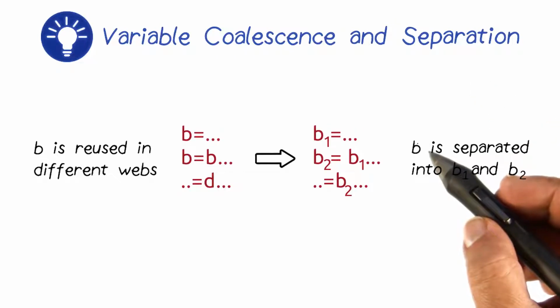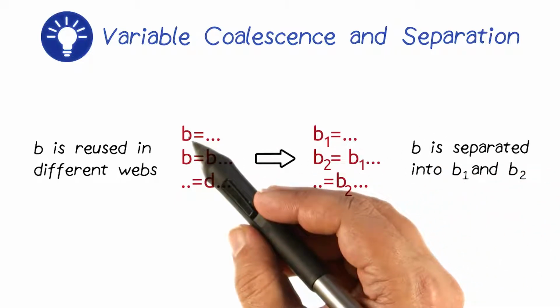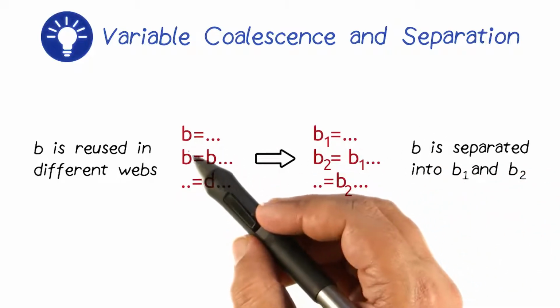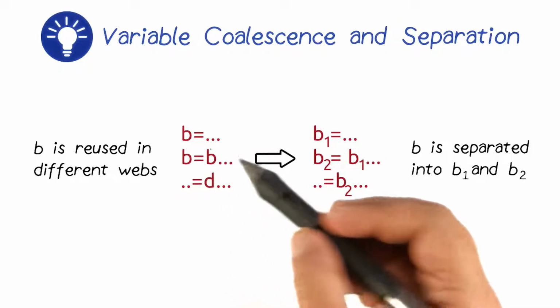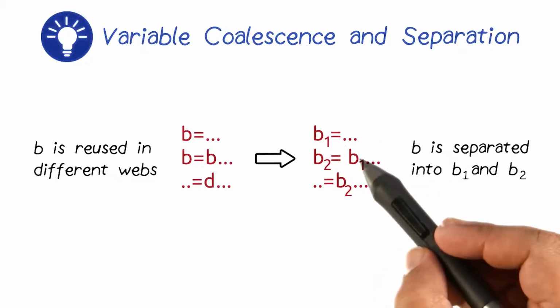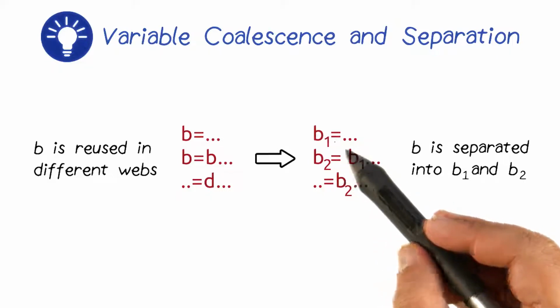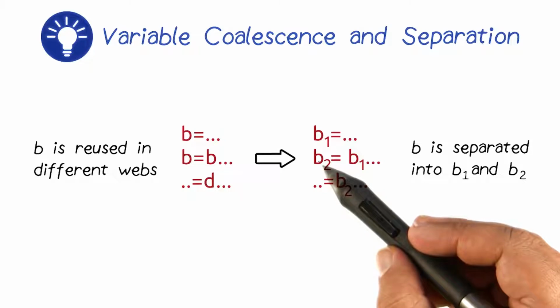First, we must do the webs by using the definitions that we have learned for the register allocation. So for example, in this case, the variable B has different live ranges, and we'll first separate those into different webs by using the transitive closures of the DU chains that we learned earlier. So the first chain will lead to the first web going for B1 here, and the second one will go to B2.